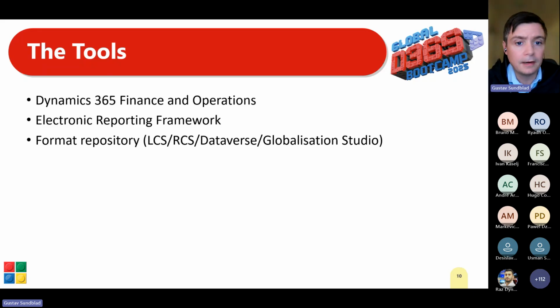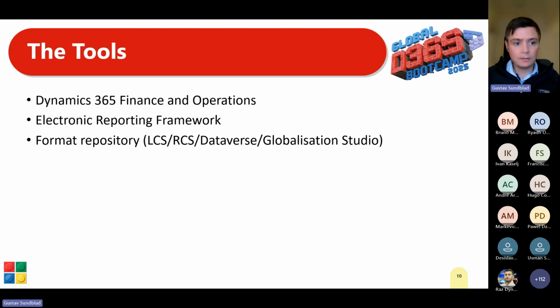And this has been a kind of complicated story, well, a long-running story, to be fair, where the repository is basically where you store all your formats, your models, all the stuff that you either get from Microsoft or all the formats that you build on your own. They need somewhere to live. And from the start, they lived in what's called LCS.